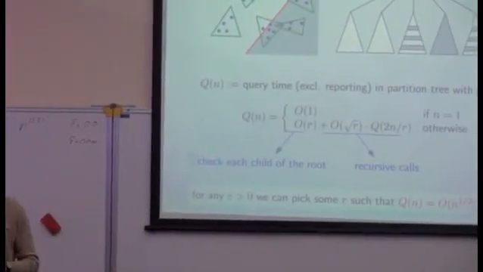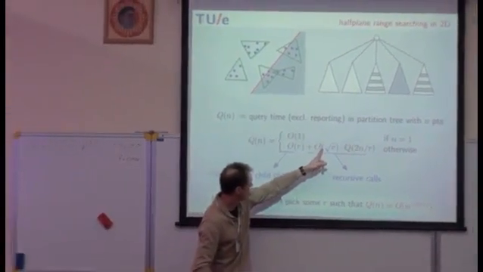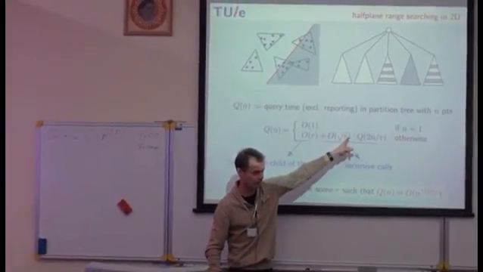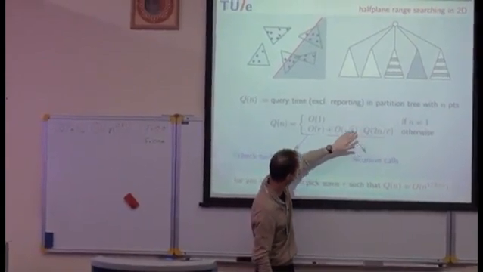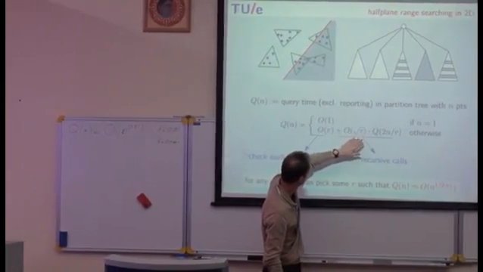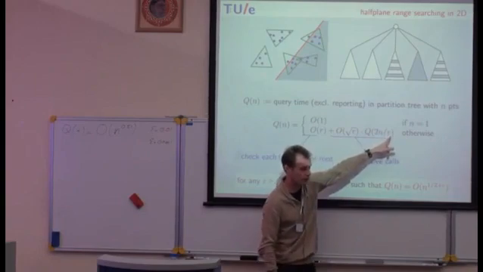Because intuitively, the problem here is that I have a constant c times square root of r. And that sort of messes up the relation between the square root of r here and the divided by r here.